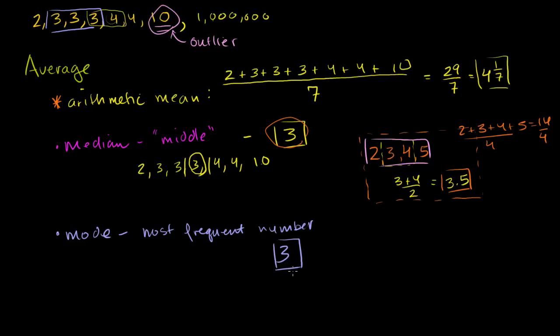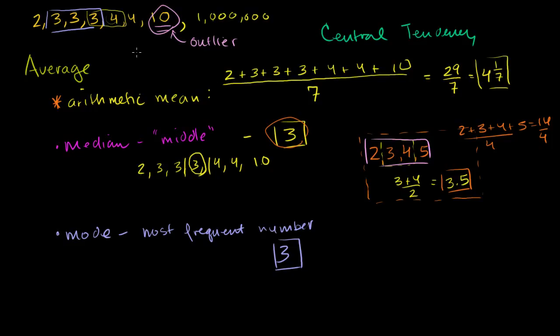So hopefully this has given you a pretty good overview of how to represent the central tendency of a data set. Very fancy word, but it's just saying, look, we're trying to represent all of this data with one number. And you might say, hey, why do we even worry about that? I only have 7 numbers here, or 8 numbers here. But you can imagine if you had 7 million numbers or 7 billion numbers, and you don't want to show someone all of that data.